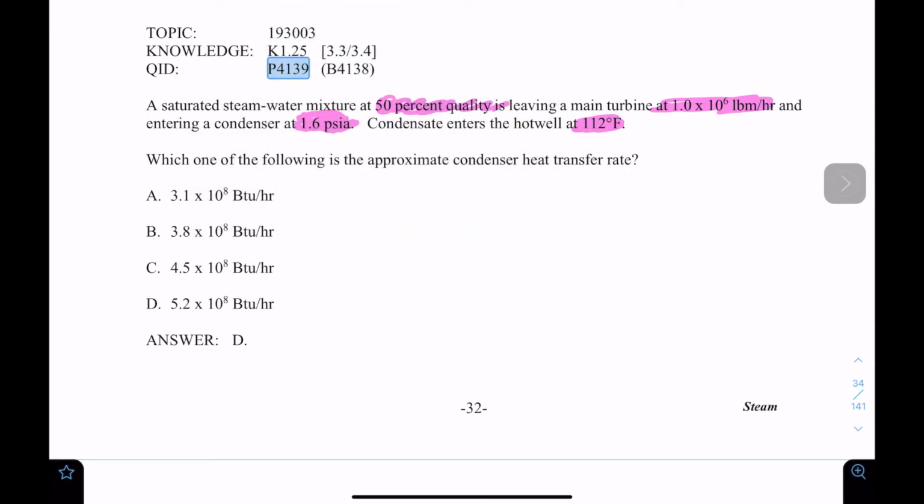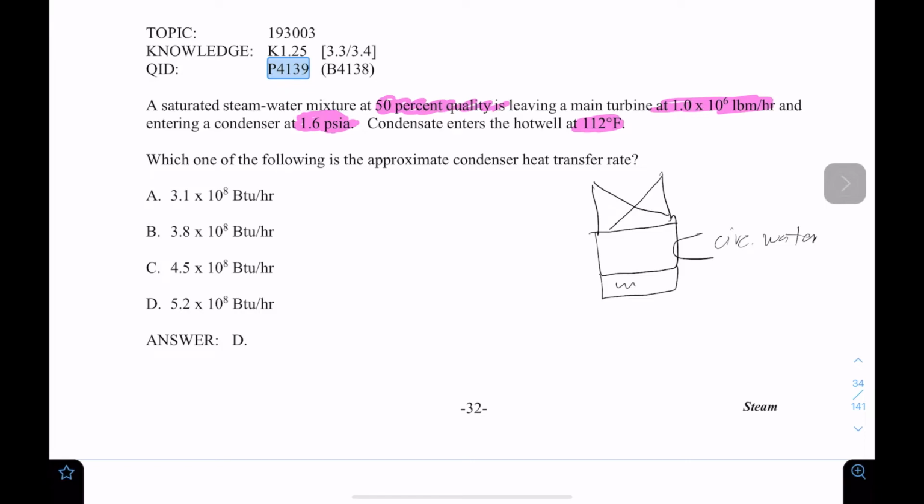So you're going to have your turbine, you're going to have your condenser, this is circ water, and then you're going to have the hot well. So we have the main turbine. What comes in comes out, right?